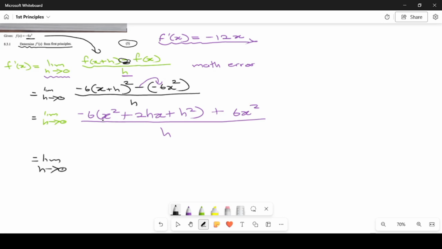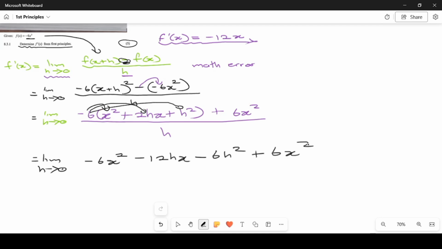Sorry, minus 12 hx. And we also do that with a plus h there, and what we get is a minus 6h squared. And now we're going to say plus 6x squared. We are still dividing that, it's not over yet. We divide that by h.